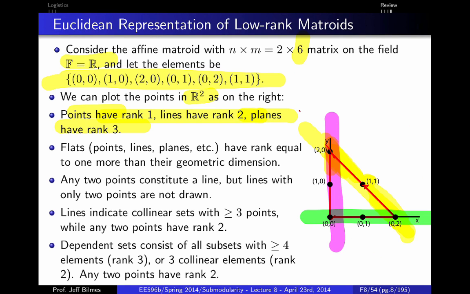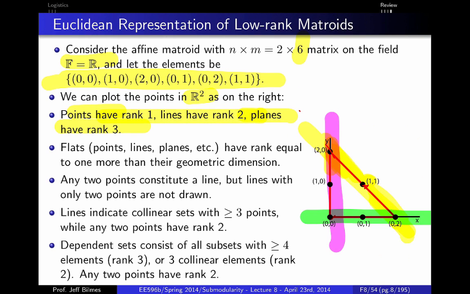And so each one of those sets, the magenta, yellow, and green sets, each have rank 2. And then any 2 points have rank 2, and any 3 non-collinear points have rank 3. Right? So 3 non-collinear points constitute a base of this matroid. Why? Because they span the whole plane. That makes sense, right?